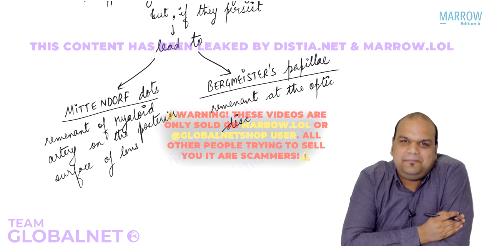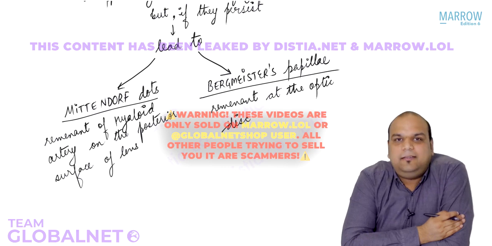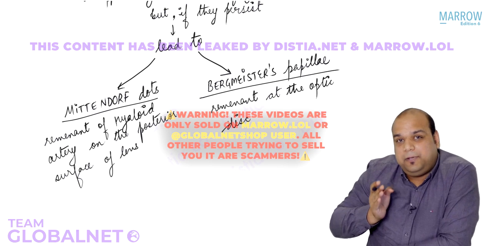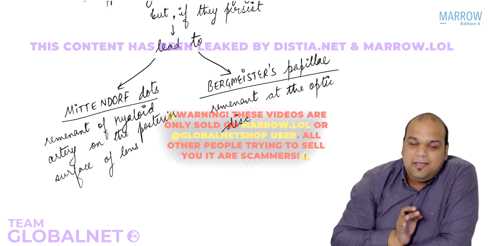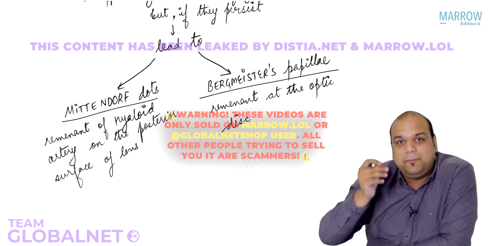I hope it is very clear. The hyaloid artery was traveling from the optic disc up to the posterior surface of the lens. So we are saying the remnants can remain at both the places.